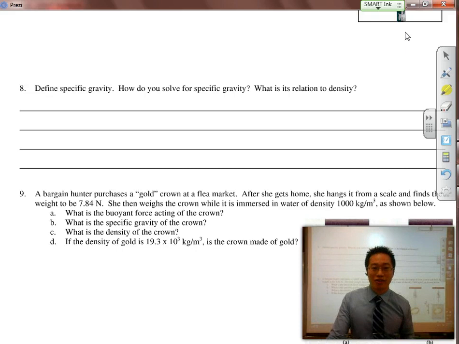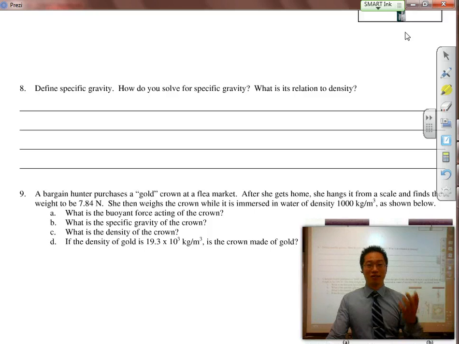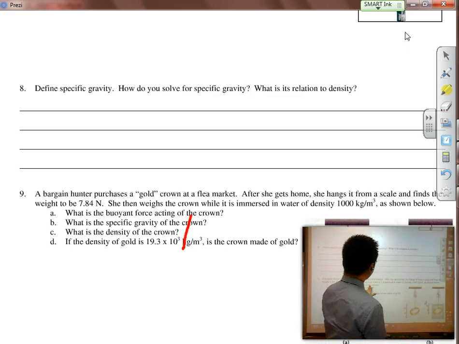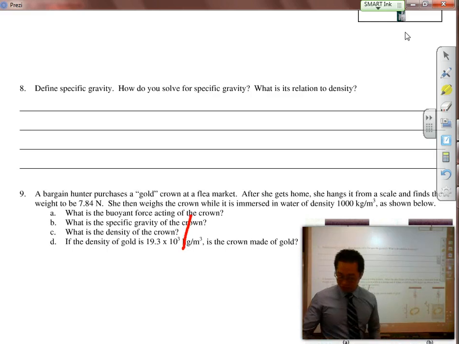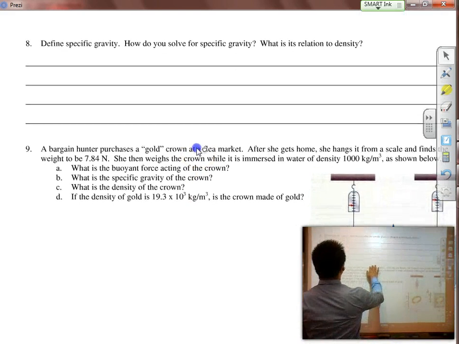He jumped out of the bathtub, stark naked, ran down the hallways, yelling, "Eureka, Eureka," which means, I've got it, and because he figured out how to solve for the density of the crown and understand, is it gold? And this is the idea of specific gravity. And this was with him using buoyant force.